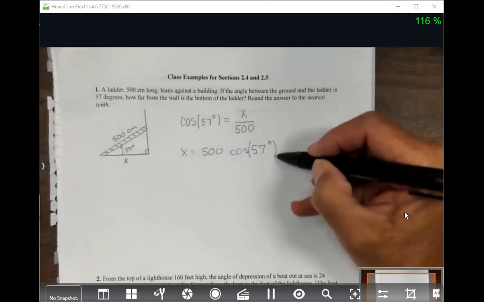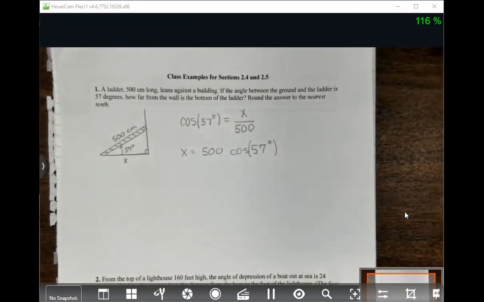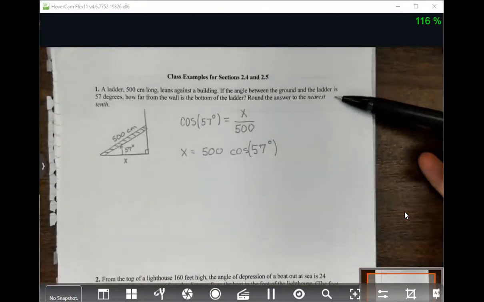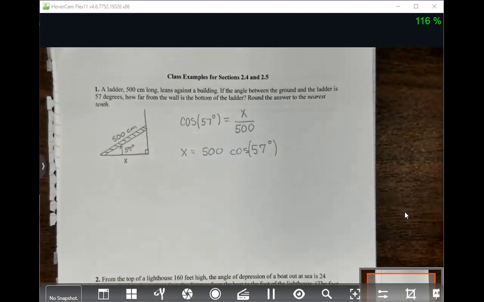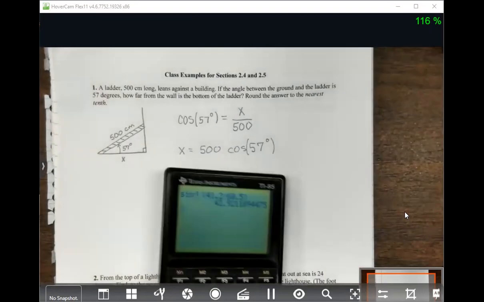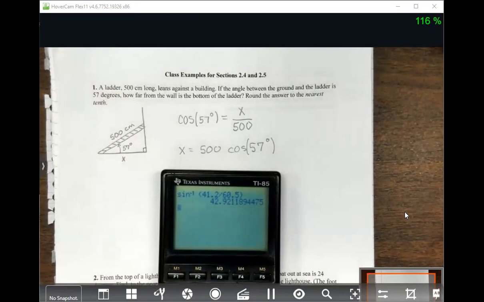Don't need these parentheses, but I'm going to put them in there. And now I'm going to do this part here. I'm going to round the answer to the nearest tenth. So I pull out the old calculator and see if you can see it. Yep. So I'm going to clear that. Take 500, multiply it by the cosine of 57 degrees. To the nearest tenth means I'm going to just keep the 0.3.